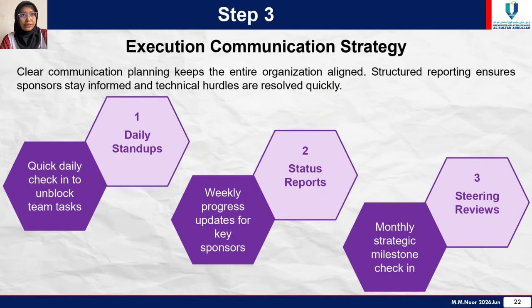In that sense, a report can ensure the sponsors stay informed and technical hurdles are resolved quickly. A daily stand-up is a quick daily check to unblock team tasks. Status reports are weekly progress updates for key sponsors. Sprint review is a monthly strategic milestone check-in.